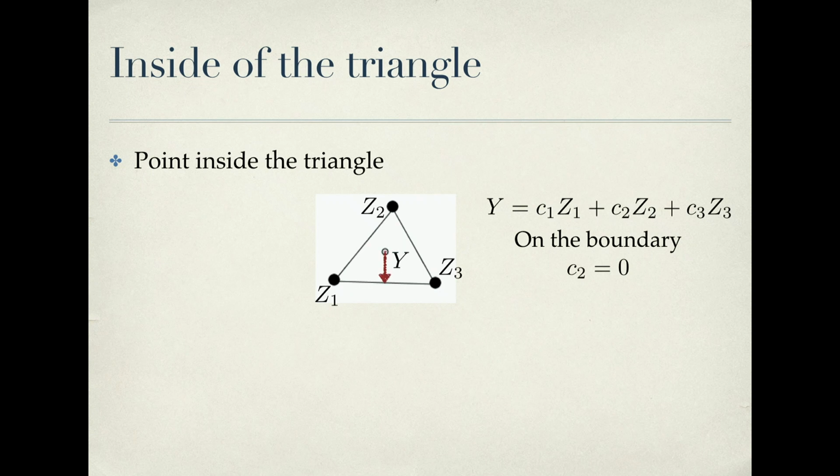If I set C2 to 0, I'm going on that boundary. I hope it's clear. If I set C2 and C3 to 0, I kill these two terms, and I'm saying that Y is C1 Z1. But because everything is projective, C1 Z1 is the same as Z1, so I'm just going to this point. I'm moving Y to the vertex. So that's going to the second boundary, if you want.